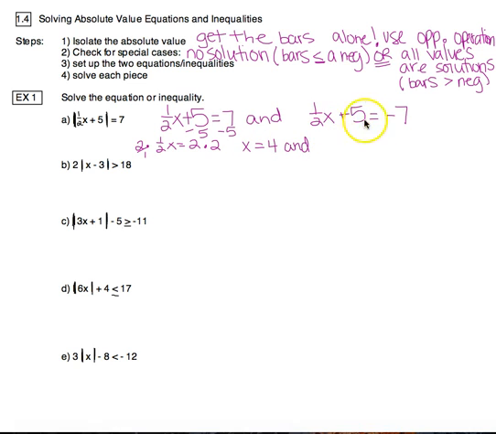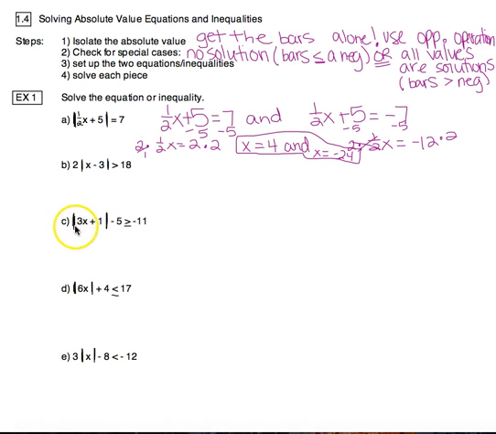Then my other piece, still going to subtract the 5. That gives me 1/2 x equals negative 12. Now when I multiply by 2 over 1, these cancel, and I get x equals negative 24. So my two solutions in this case are x equals 4 and x equals negative 24.